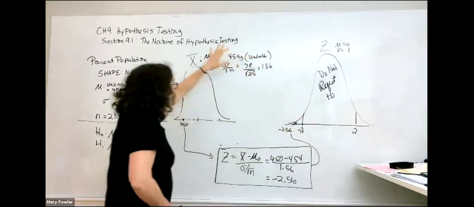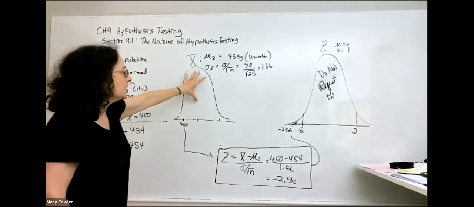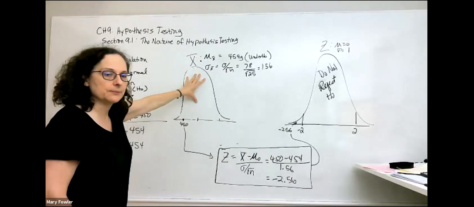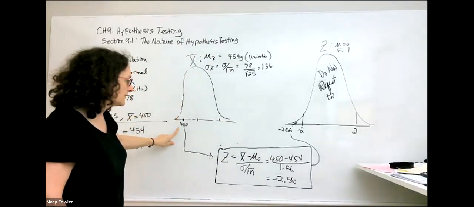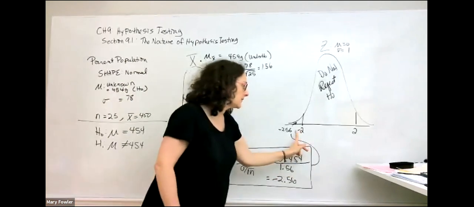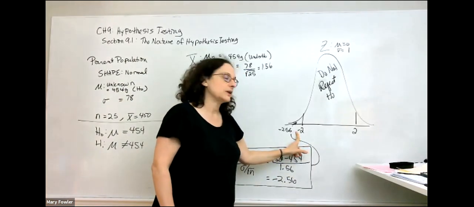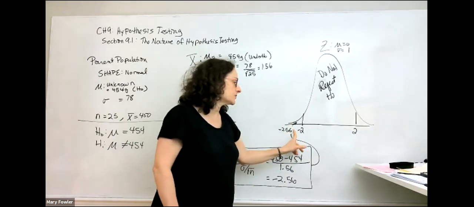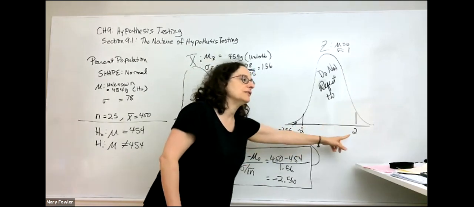So we set this up like a chapter 7 problem, right? Where we have an understanding of the distribution of the sample mean. We have an observation, 450, and we put it on the z-bus, and we come out and we get negative 2.56.